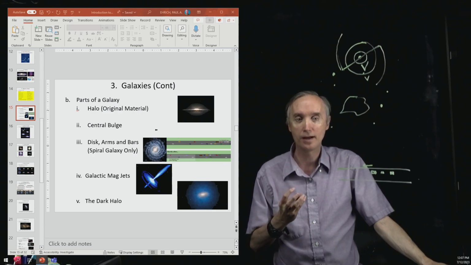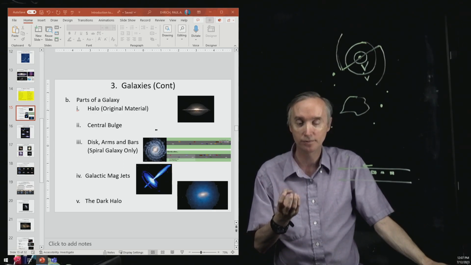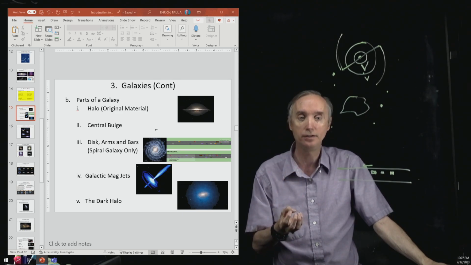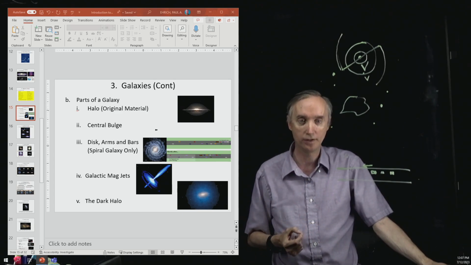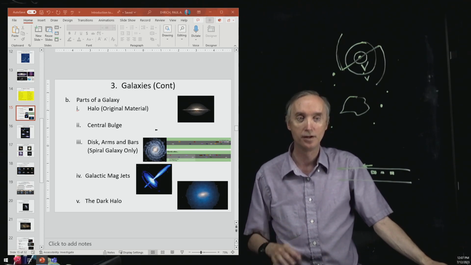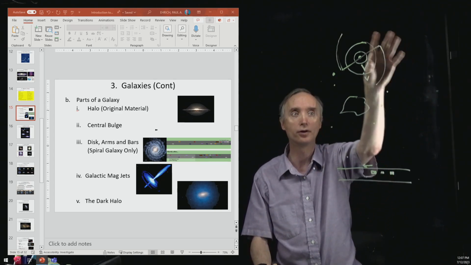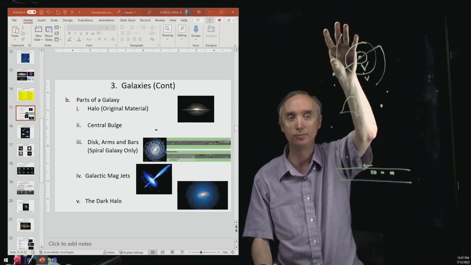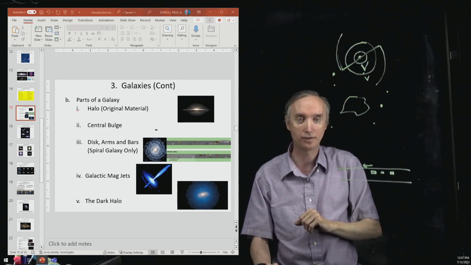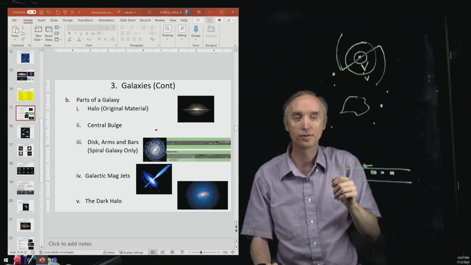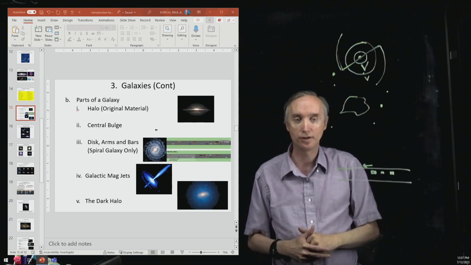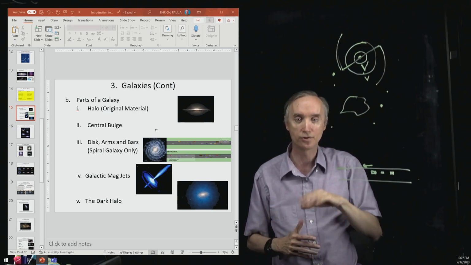So dark matter evidently has mass, and it causes gravity, and it reacts to gravity. But you can't see it because it doesn't react to electromagnetic radiation. So if you try to look for it using a telescope, you're not going to see anything. But you are going to be able to see the effects of dark matter by the gravitational interactions that it produces. So we'll talk about that later.